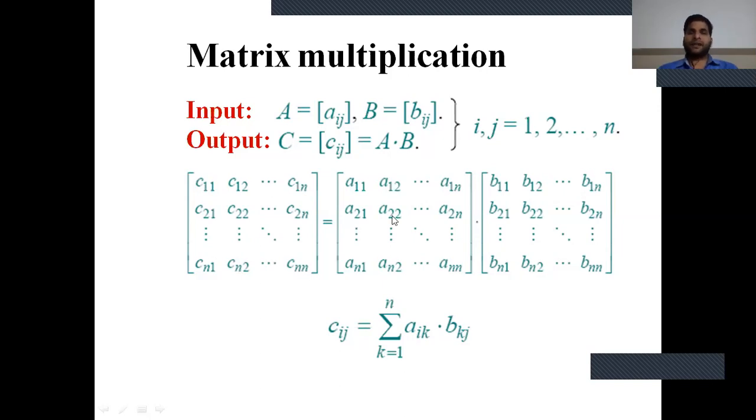Given the matrix A equal to A11 to A1n and An1 to Ann, and similarly the B matrix B11 to B1n and Bn1 to Bnn, we can write the multiplication mathematically as Cij equal to the sum for k from 1 to n of aik dot bkj. This is the simple matrix multiplication.